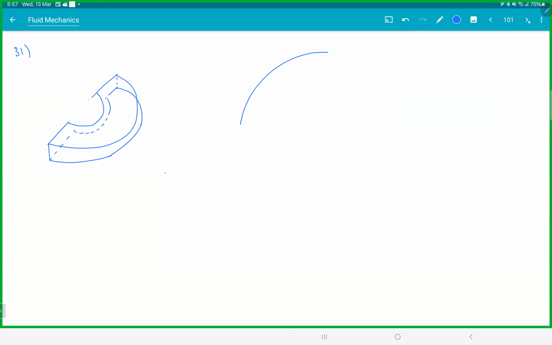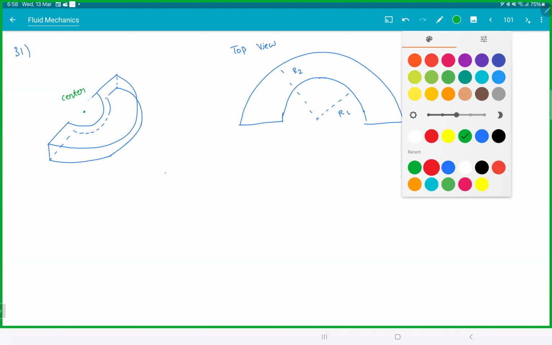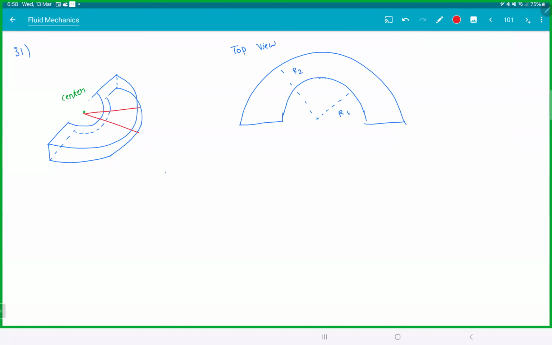If you see the top view, it's like this: a semicircle on top of a semicircle. So this is R1. This is R2. So what is happening here? The liquid is flowing from here, the center. The liquid is flowing like this radially throughout the pipe.